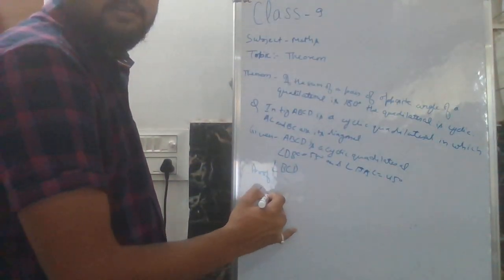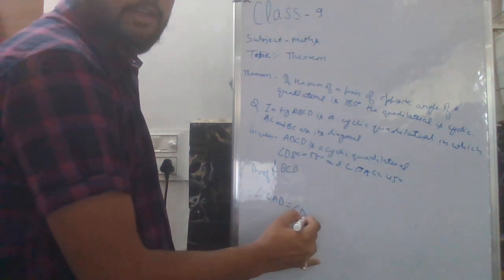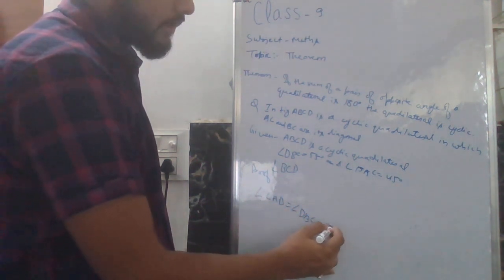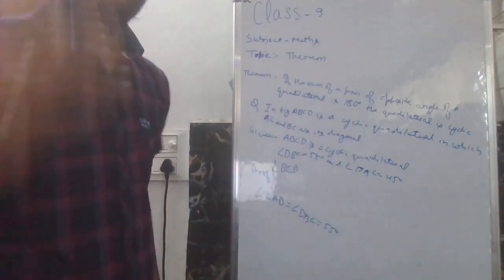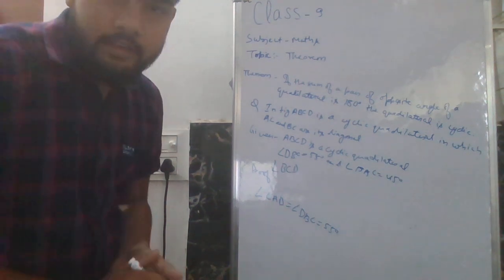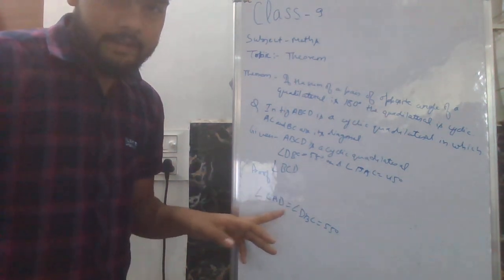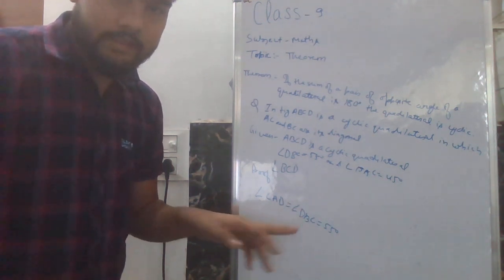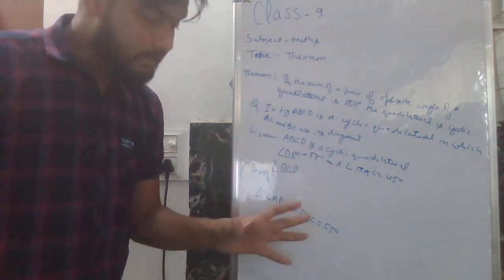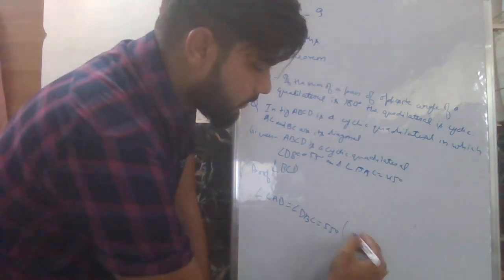Angle CAD is equal to angle DBC, which is 55 degrees, because they are angles in the same segment.